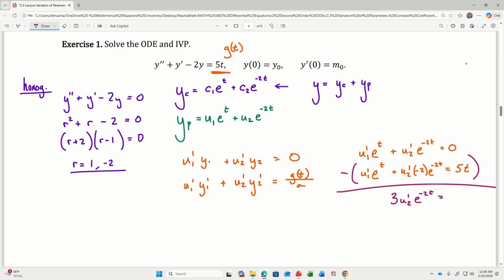That would be equal to negative 5t. Or in other words, u2 prime would be equal to negative 5/3 times t times e to the power positive 2t.